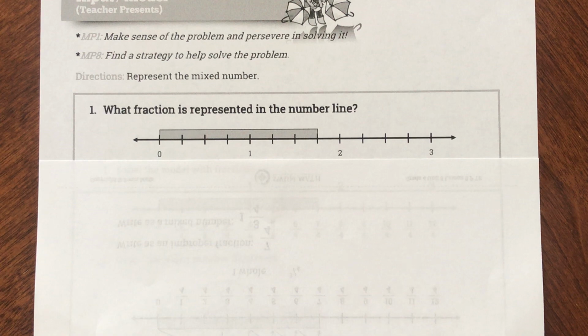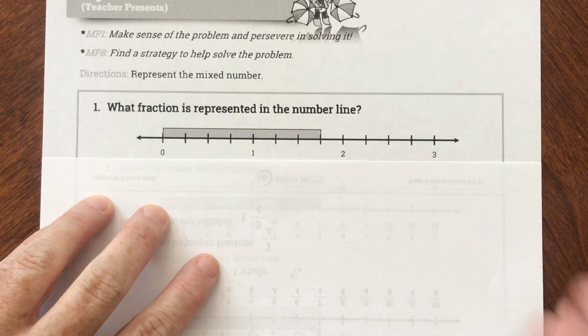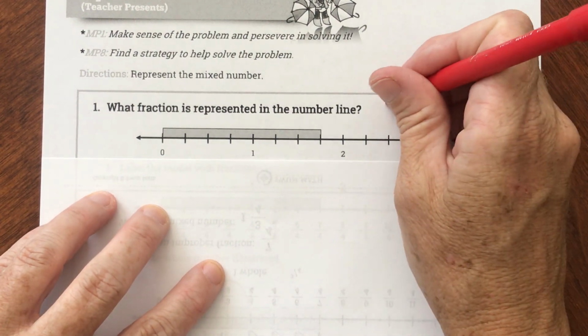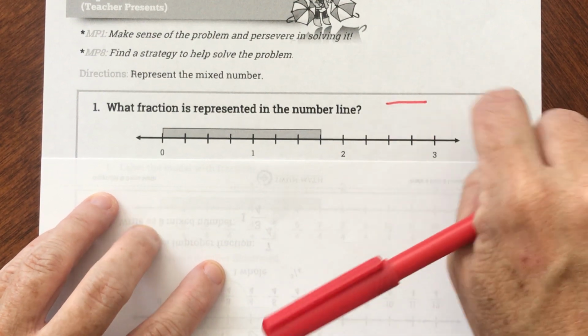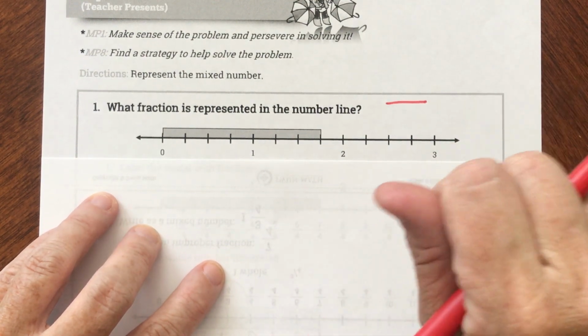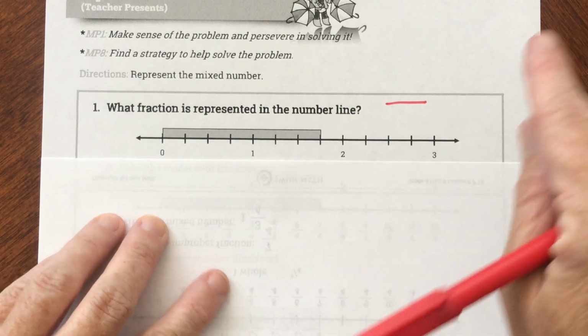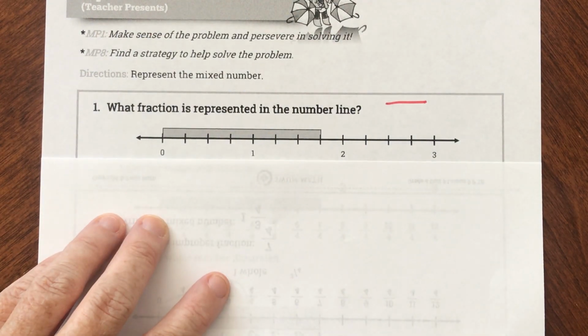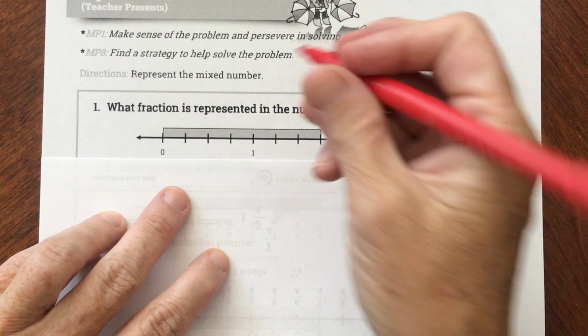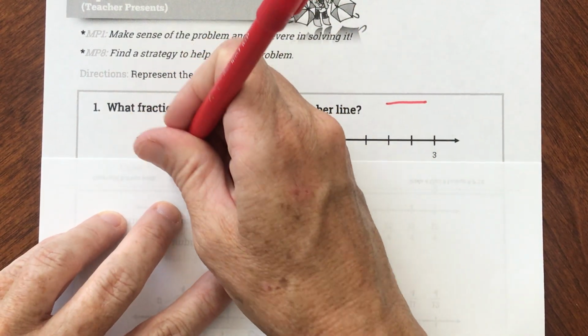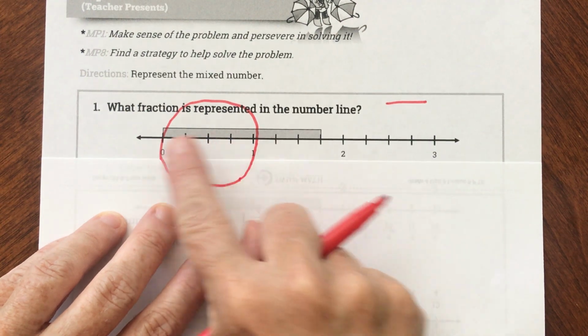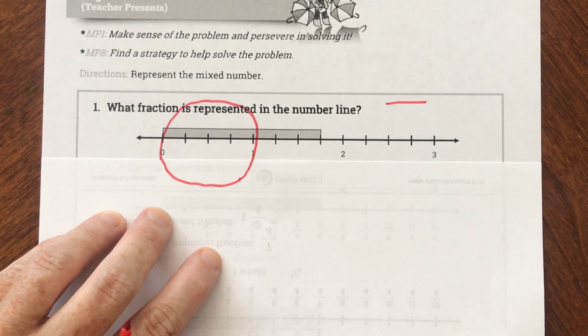Okay, so how I'm going to look at this is, remember when I do fractions, my denominator tells me how many the one whole was divided or partitioned into. Not one whole number line, but one whole. So I'm going to look just at my number line from 0 to 1 and look at what that one whole was partitioned into.